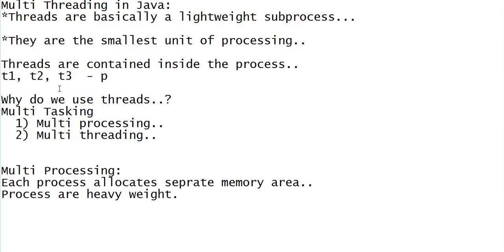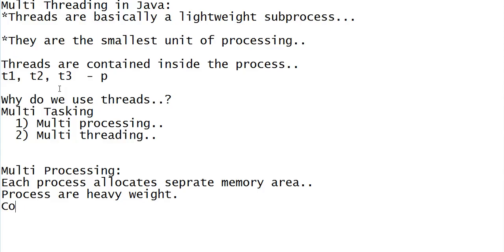When it has much more linking between functions, between function calls and returns, and it might have many more data types that occupy more and more space. That's why the process becomes heavyweight: it takes more time because of the large space occupied in memory, and much more time in linking between those memory spaces.